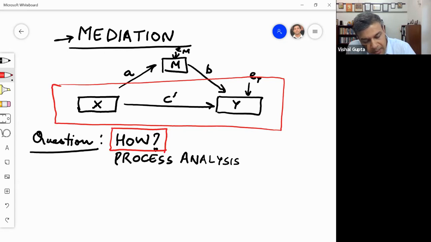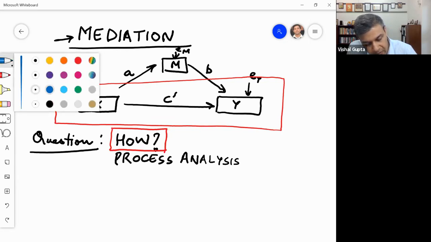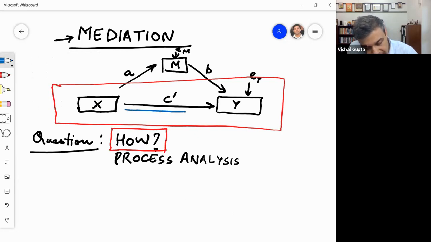The moment you now bring in the mediator, we are able to understand that there is an impact of x on y, all right, but then I want to understand, underline the word, how does x impact y? By doing the mediation analysis, I understand that there is a direct effect of x on y. In the terminology of mediation, we call this the direct effect.